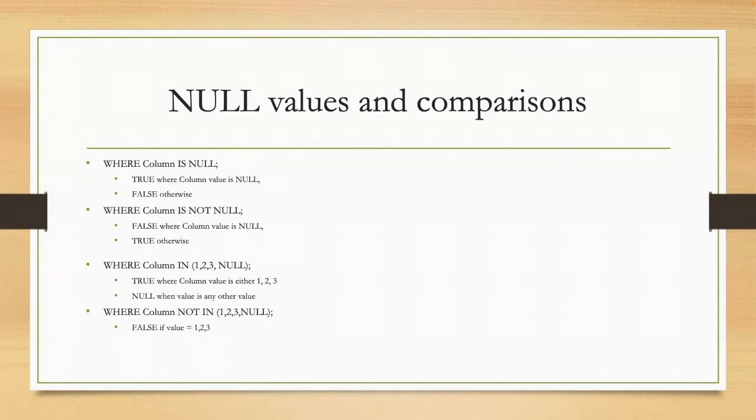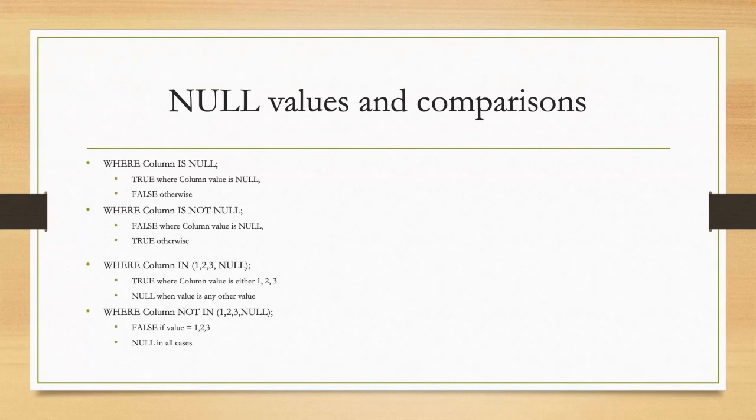If you have where column NOT IN a set, and that set includes null, there are 2 things that can come out of this. False, if the value is 1, 2, or 3, it sees for sure that this value is in the set. It's null in all other cases for the same exact reason that we talked about in the IN clause. But since we're looking for truth in a where clause, nothing gets returned.